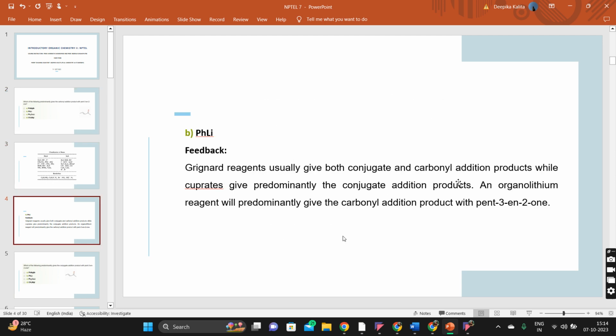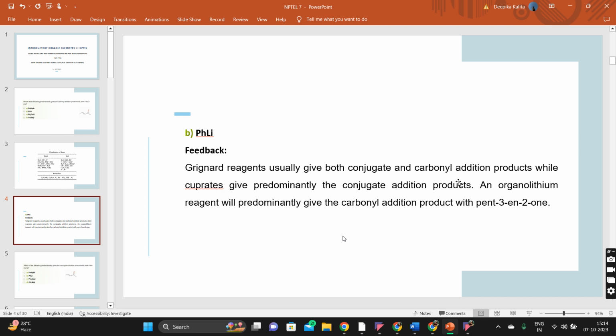So here is the explanation for this particular question. Organolithium reagents are more reactive towards carbonyl addition than Grignard. Of course, Grignard reagents are also going to give you predominantly the carbonyl addition, but they will also give you some amount of the conjugate addition product.